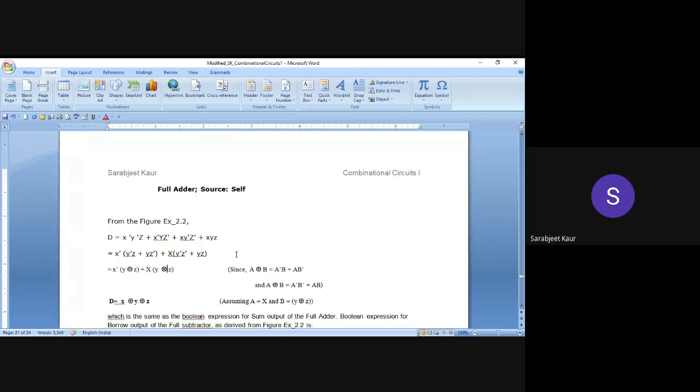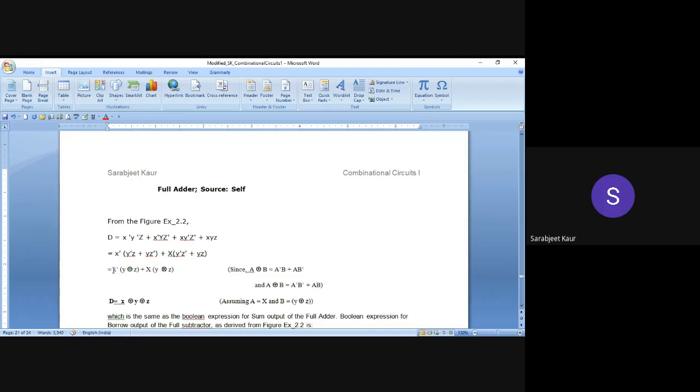So this derivation is the same as the sum of the full adder that we had seen. Just repeating it for your convenience. So this is x dash, and this we know is the same as y XOR z. This is x, followed by y XNOR z.